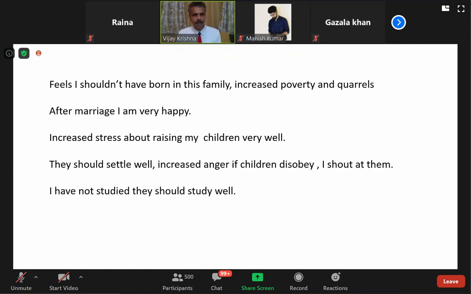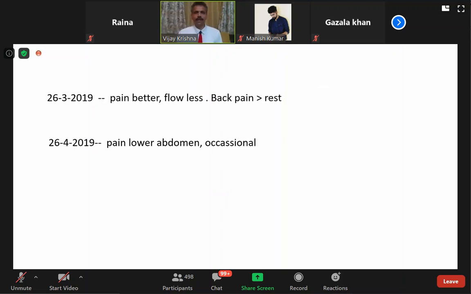So she's happy after marriage. Now she's worried about her adenomyosis, the fact that her uterus will be removed, and she starts weeping. Now I'll just give you the follow-up, and then you can give me your inputs about the case, and we'll have a small discussion, and we'll move further.